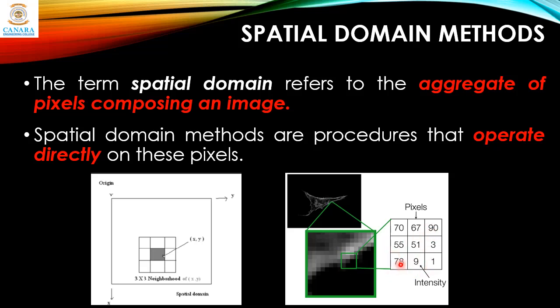And we can increase this pixel value 78, and increase this 51 to somewhere around 80, and this 90 to 100. That means we get more difference between these two elements here. So this line will become more clear. That means we are enhancing the contrast. These are the things that we will see happening in the spatial domain methods.